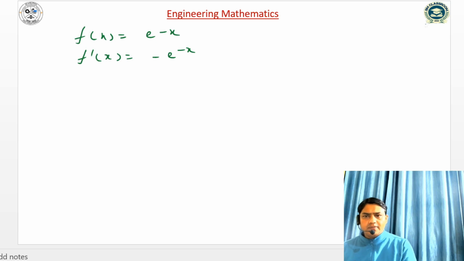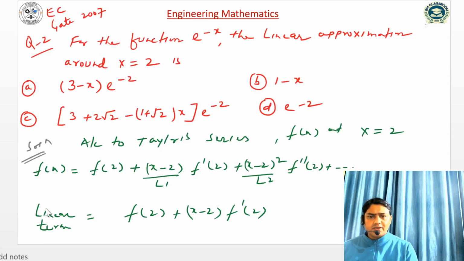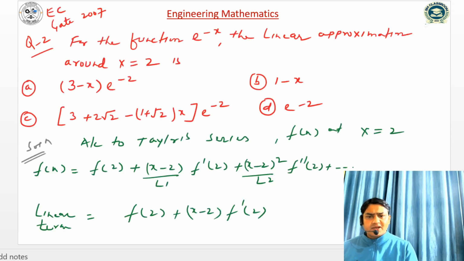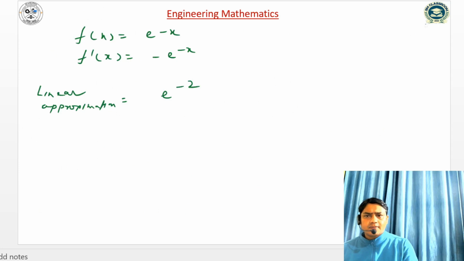So the linear approximation is equal to e to the power minus 2, because f(2) is e to the power minus 2, plus (x minus 2) into f dash (2).